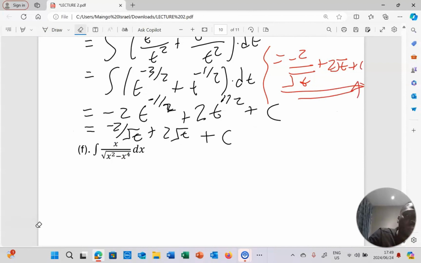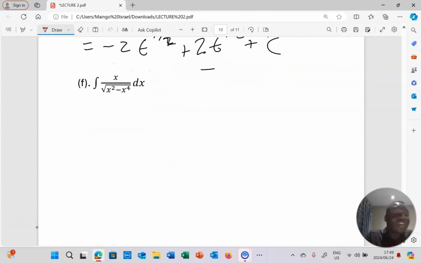So then we can go to this last problem. You can pause and try it before I do it. This is an integral of x divided by the root of x squared minus x to the power 4. So we need to simplify.